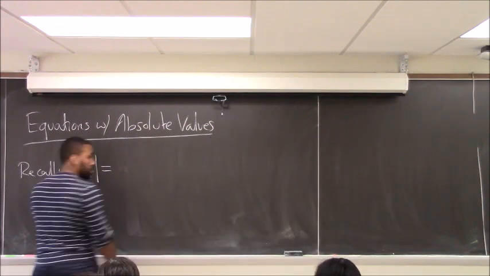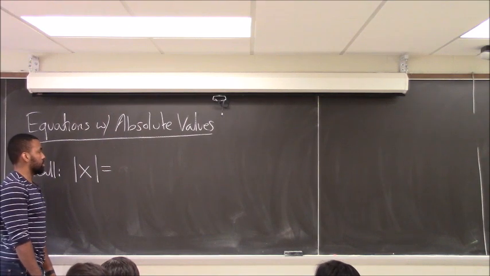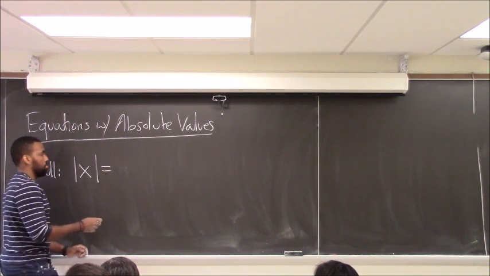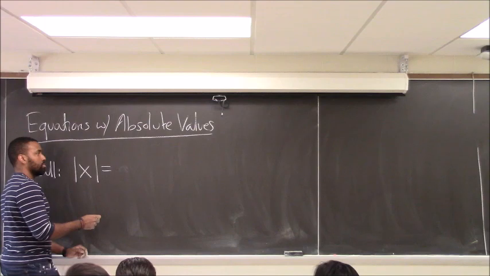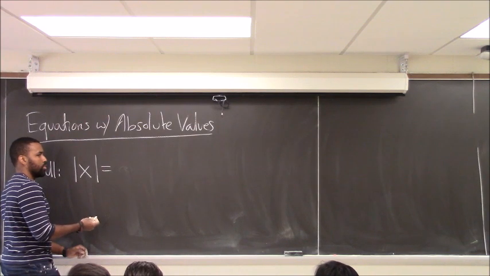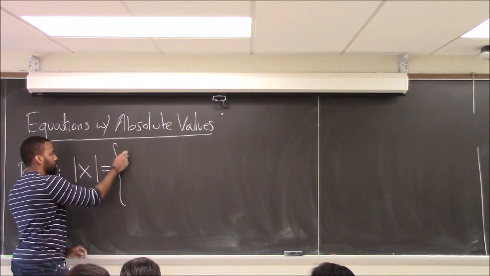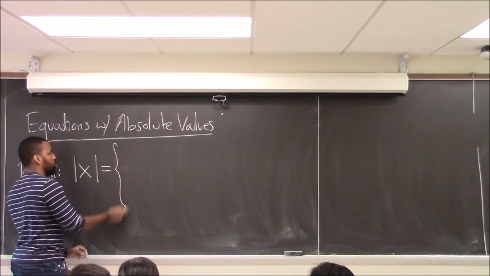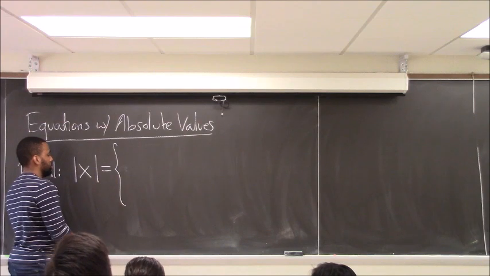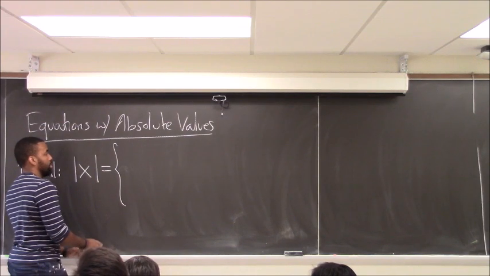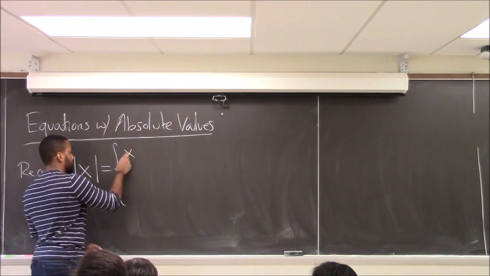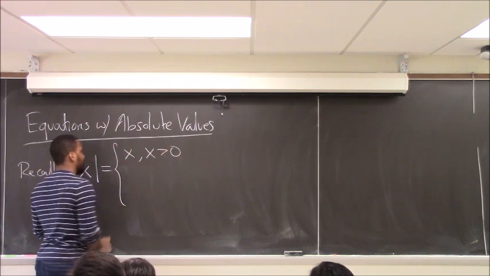It's that fancy bracket thing. It's equal to x when x is greater than 0, that's the first line.